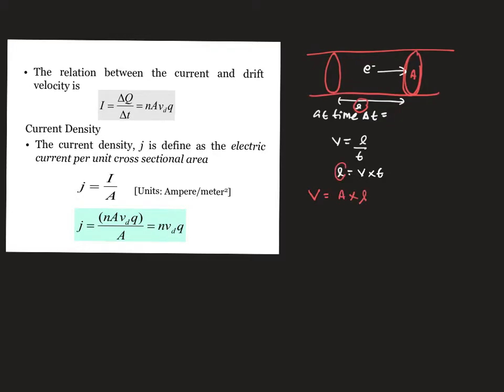Inserting the length into this formula, you get volume equals area times velocity times time. Now we are going to relate this formula with the number of electrons, because there will be a lot of electrons inside the wire that pass through this volume of wire.